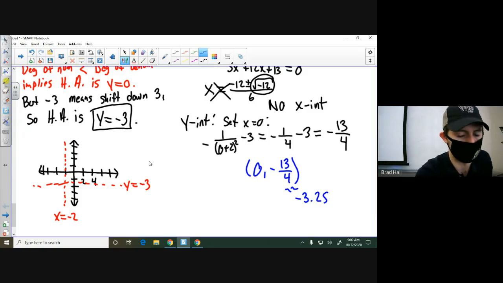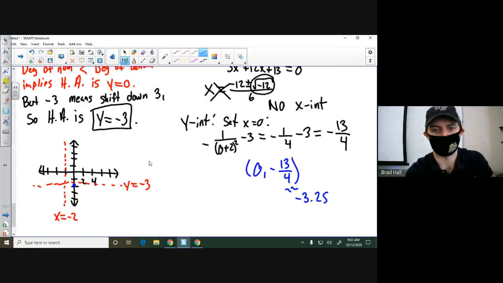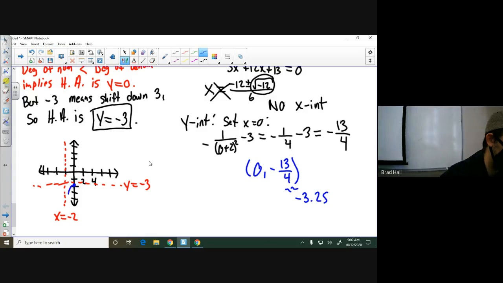So that would go a little bit past the asymptote. So that gives us an idea to trace here along the asymptotes.